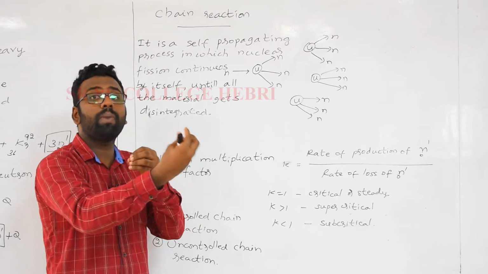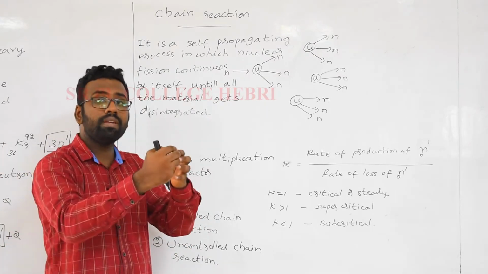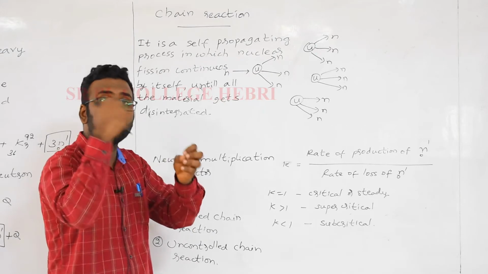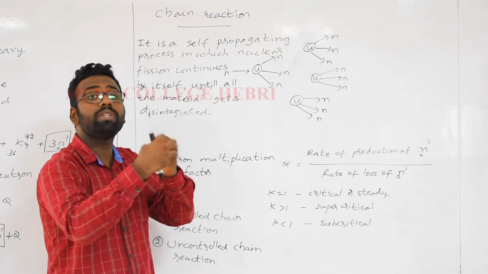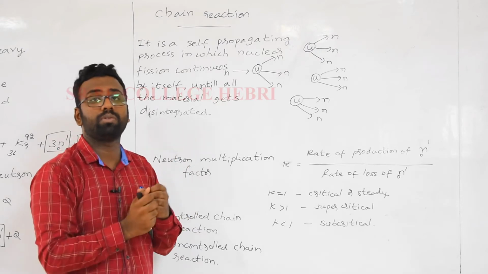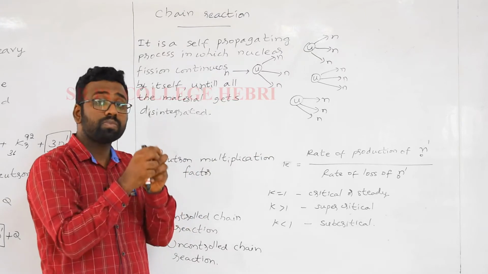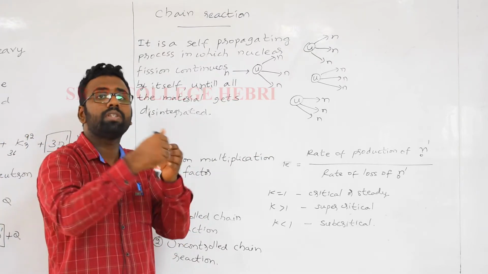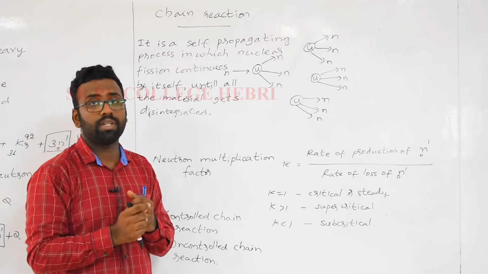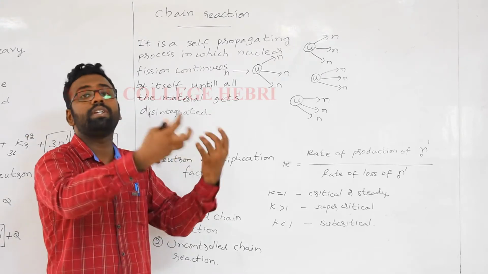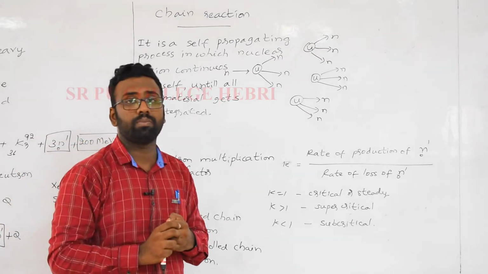They again bombard other uranium-235 nuclei. Again, the same process occurs, and sub-products are obtained along with 3 more neutrons. Again, those 3 neutrons are going to produce fission in 3 more uranium-235 nuclei. So this process continues, and it is known as a chain reaction.